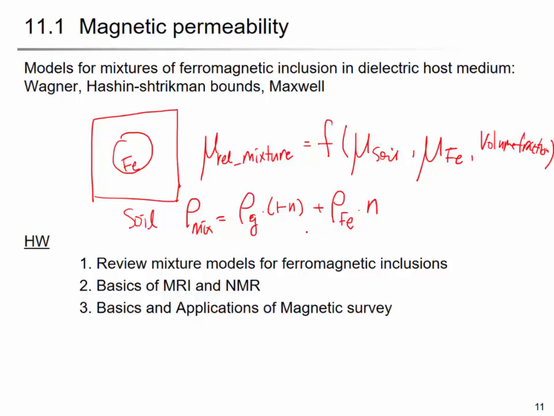So this is just a volumetric average, according to the volume fraction. And you can also derive some kind of a mixture equation or the equivalent relative magnetic permeability using this pure property and their volumetric fraction. It's called the mixture model or effective medium model.